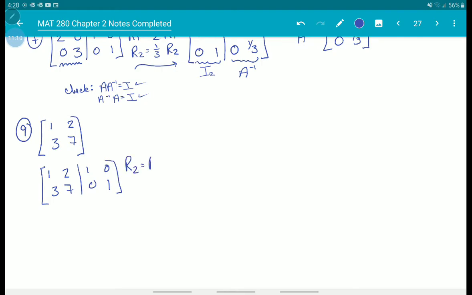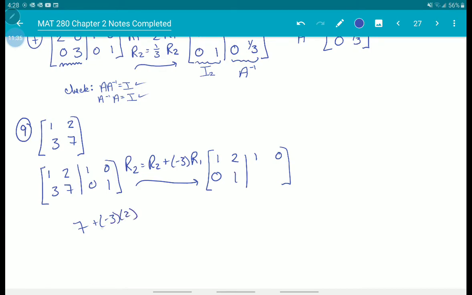So row 2 is going to be row 2 plus -3 times row 1. Notice row 1 stays the same. So we're going to have 3 plus -3, 7 plus -3 times 2, 0 plus -3 times 1, 1 plus -3 times 0.